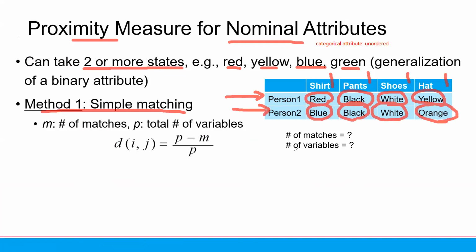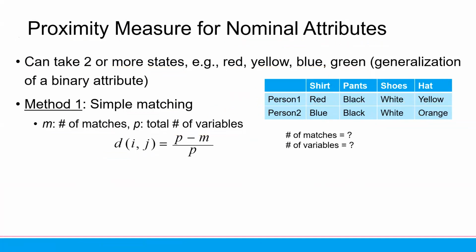So if we need to measure the proximity or the distance between i, which is this object, and j, which is this object, then we can calculate using this formula, p minus m divided by p. P is the total number of variables, and m is the total number of matches.